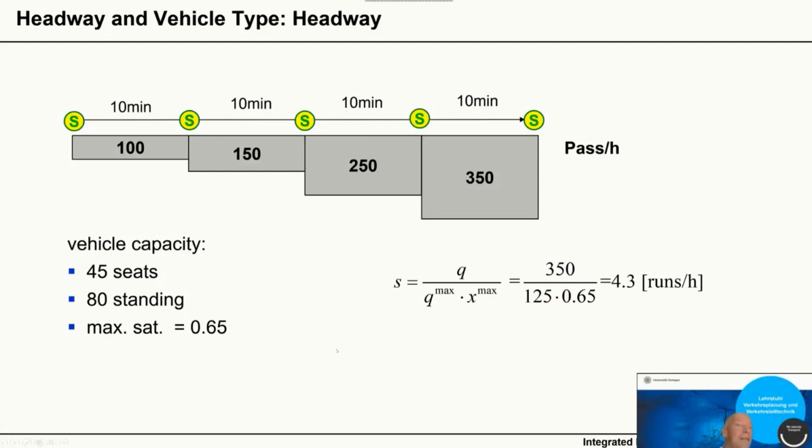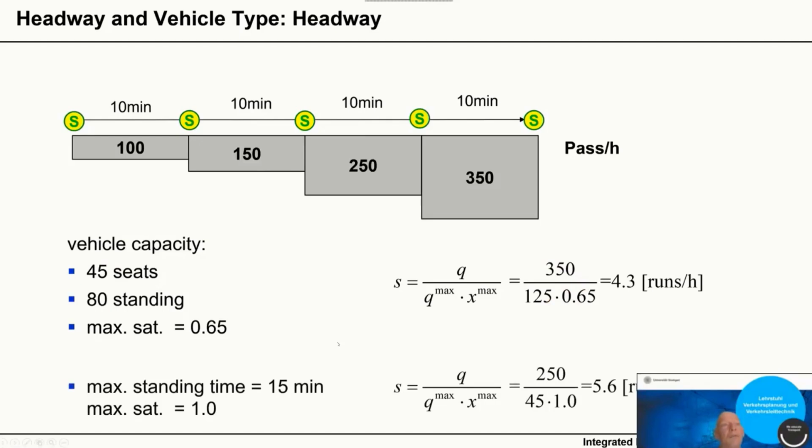Then you may come up with the concept that you say, travelers traveling longer than a given threshold, maybe 15 minutes, maybe 20 minutes, they should get a seat. We don't want anybody to stand longer than 20 minutes. In this case, your critical cross-section is no longer here, but somewhere here, because people then stand for 20 minutes.